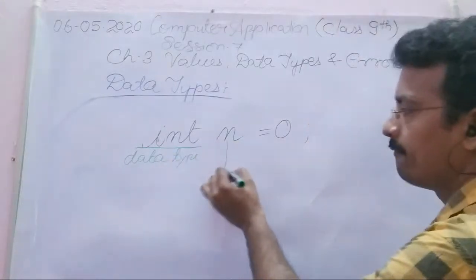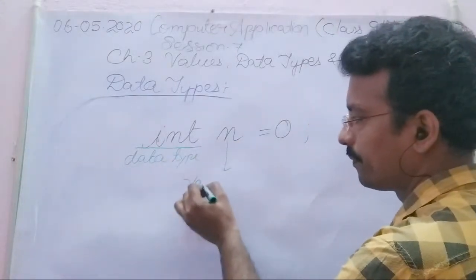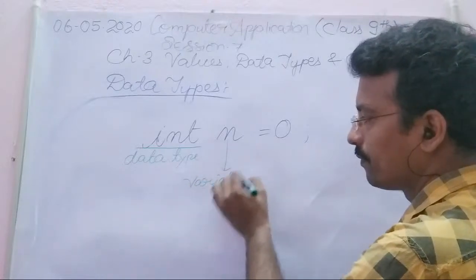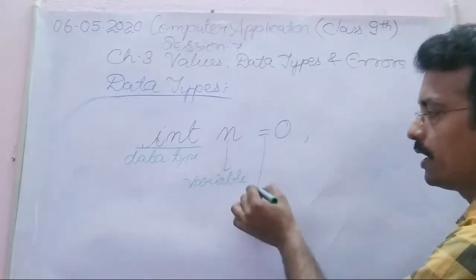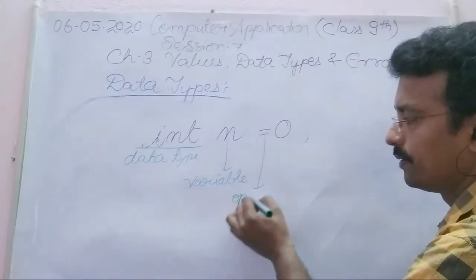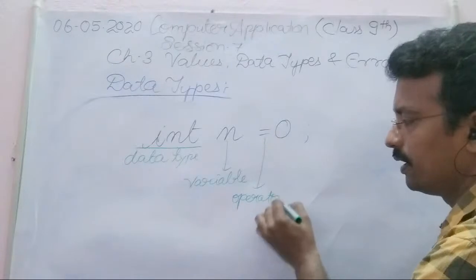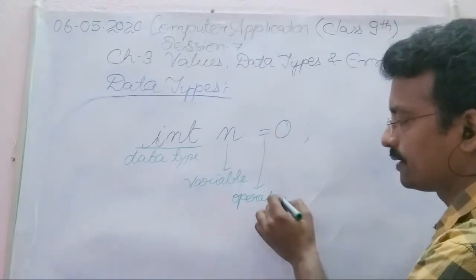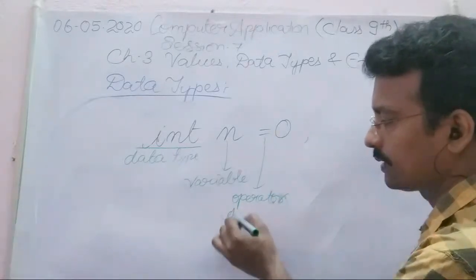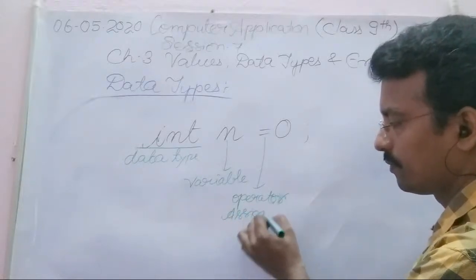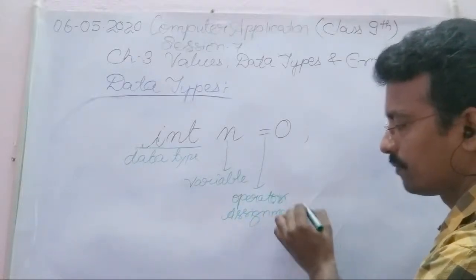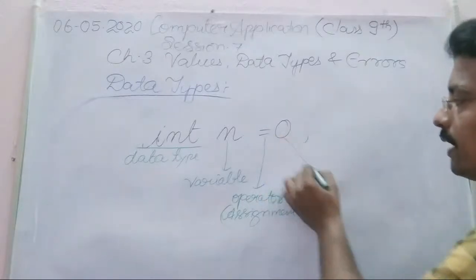This is called the variable name. This is called the operator. I have not introduced operators yet, so just understand this is an operator whose name is assignment. Next is the constant.